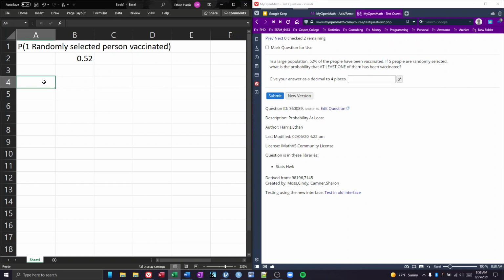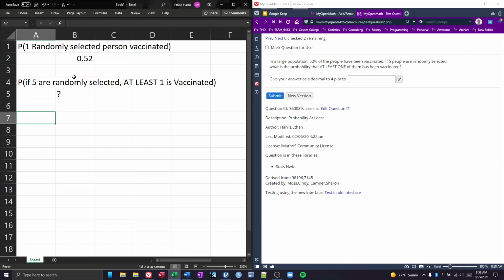Now, the probability that we're looking for is this. What's the probability that if 5 are randomly selected, at least, let me capitalize that, at least one is vaccinated. Okay, so this is our question.